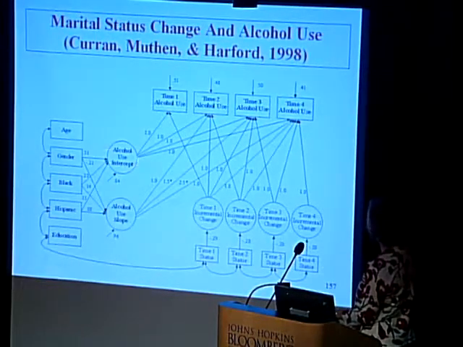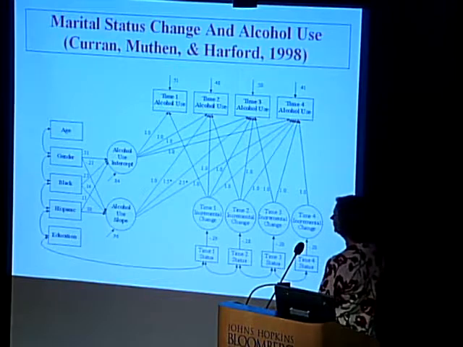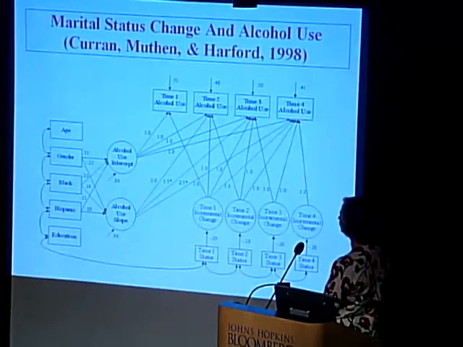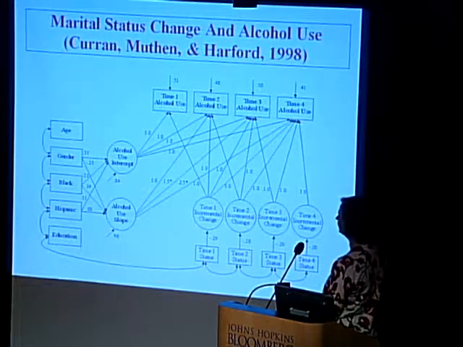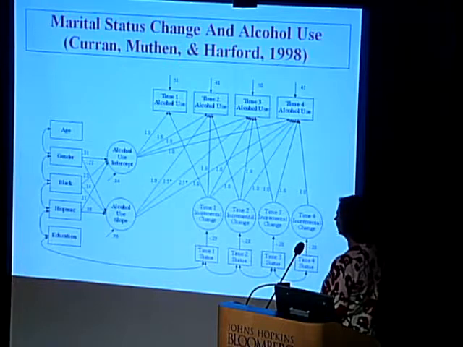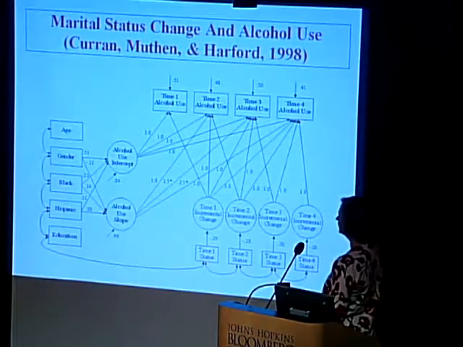We have our alcohol use intercept growth factor and slope growth factor, and then we have regressed the intercept and slope growth factors on a set of covariates: age, gender, Black, Hispanic, and education. So that's just exactly what we've been looking at.